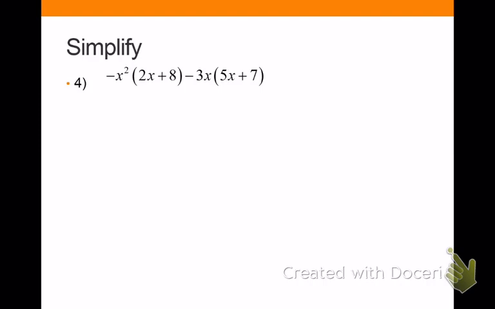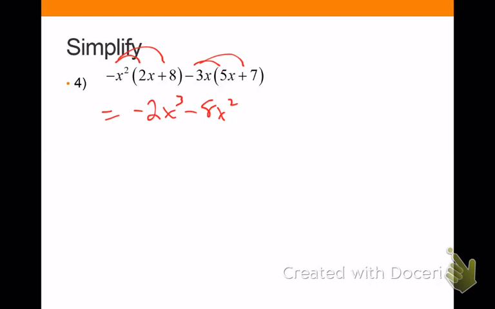we want to sort of distribute twice. We want to distribute the negative x squared here and the negative 3x here. Then we're going to worry about combining like terms and writing in standard form. Negative x squared times 2x, negative 1 times 2 is negative 2, x squared times x is x to the third. Negative x squared times 8 is negative 8x squared.